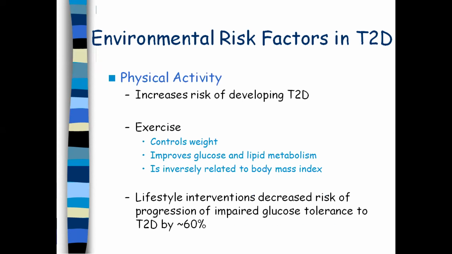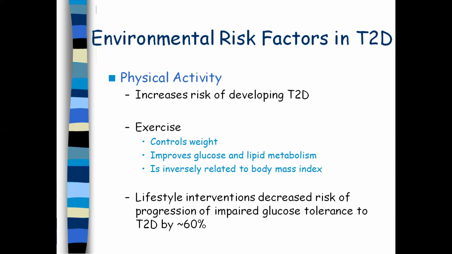Then physical activity. Lack of physical activity also results in the development of type 2 diabetes, and if we go for better physical activities such as exercise, it will control the weight and improve glucose and lipid metabolism, which is inversely related to the BMI.